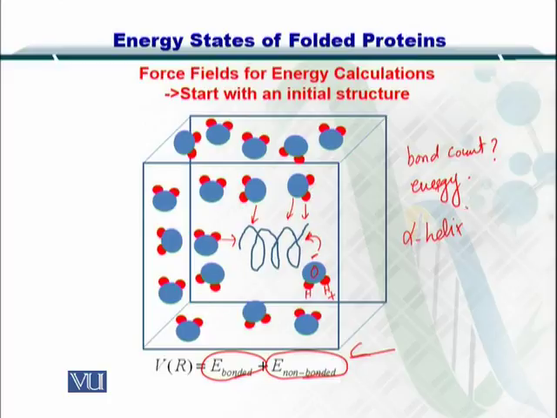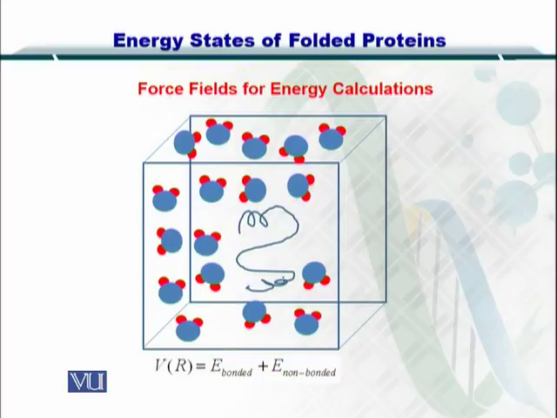Now, if you have computed the energy, you want to change the protein structure in order to see the difference in energy given out by a different protein structure. So here it was an alpha helix, and now it has been replaced by 2 alpha helices and 2 beta sheets. So again, you compute how many bonds are made with the atoms in the protein, and therefore you compute the overall energy again.